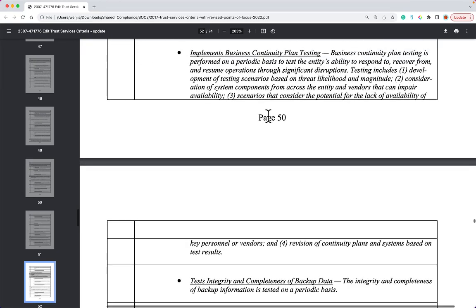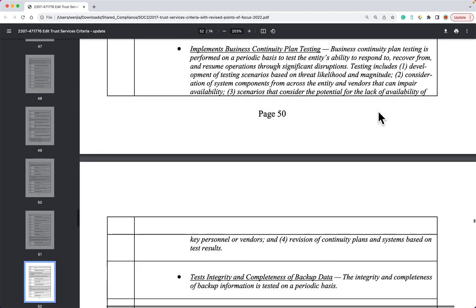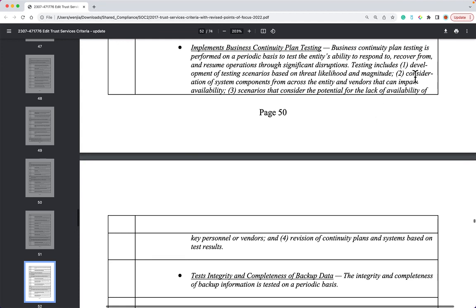So how can we achieve this? There are 2 points. The first, implement business continuity plan testing. So we have done this continuity plan. We need to do tests. How to do tests? These tests include 1, 2, 3, 4. The points list some considerations for us.